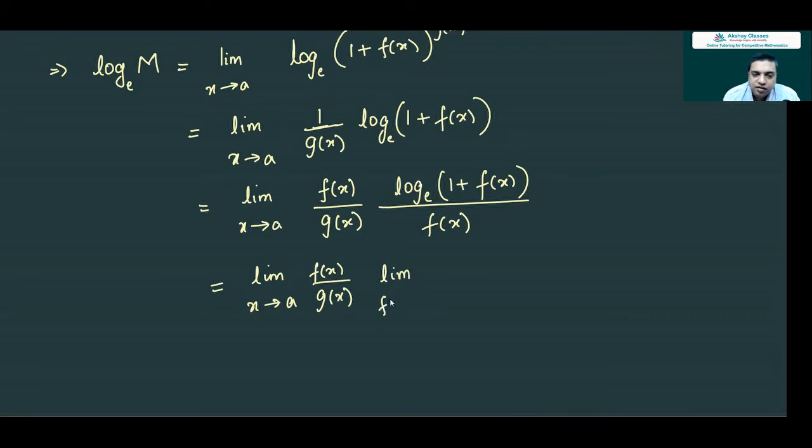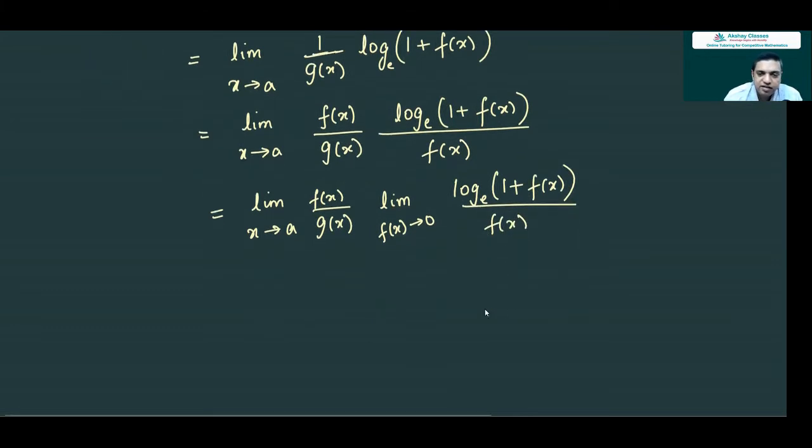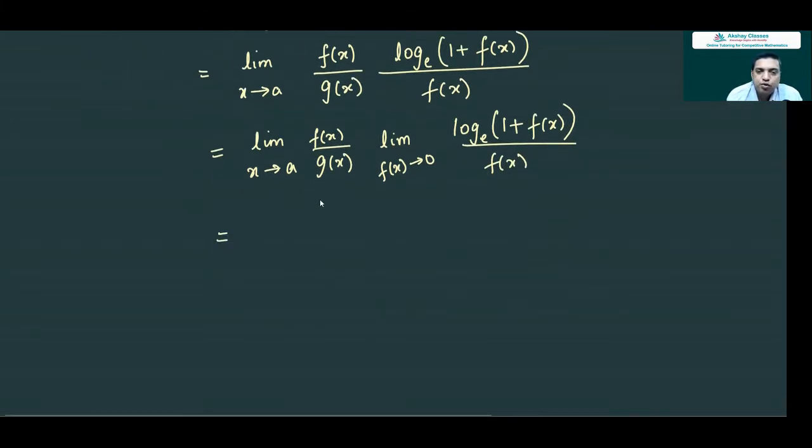Limit f of x tending to 0, because as x is tending to a, f of x will tend to 0. So log of 1 plus 0 upon the same 0 form. Yesterday we did this. This second limit is equal to 1.